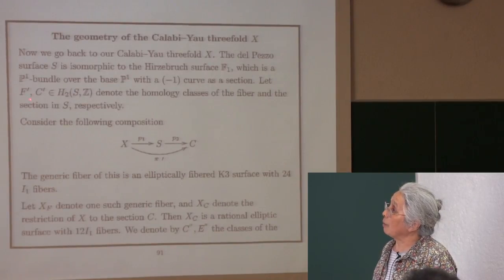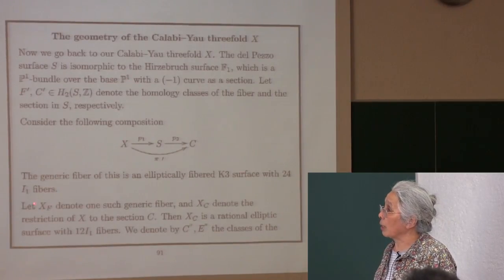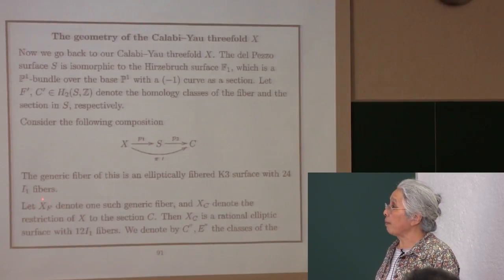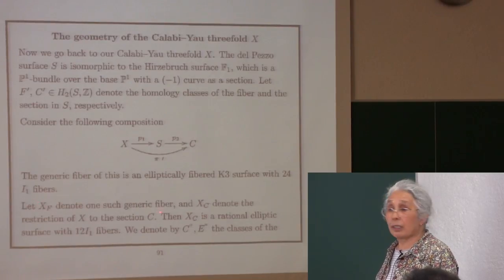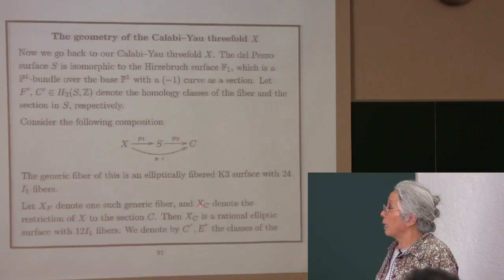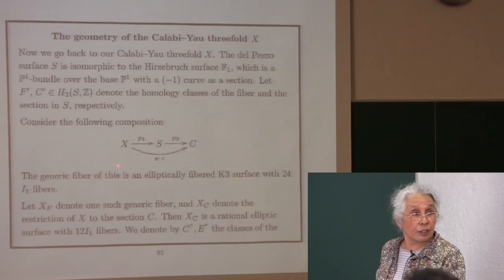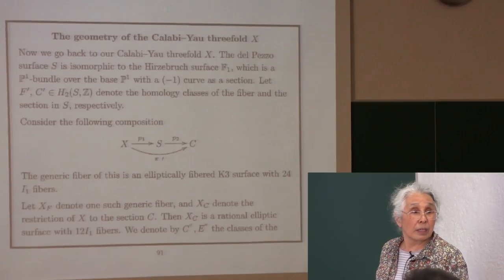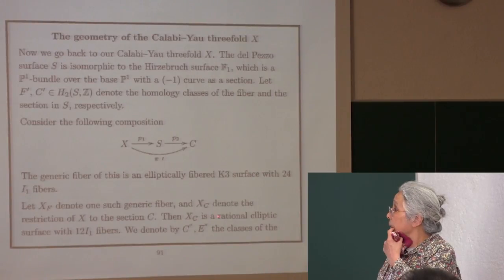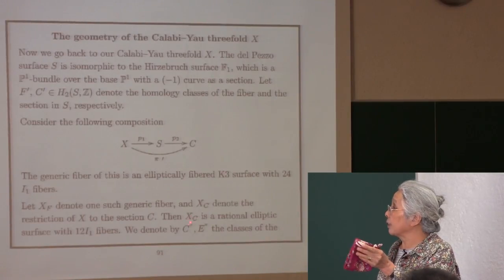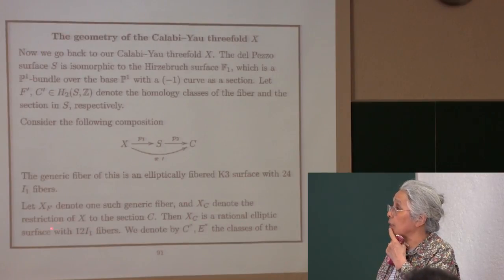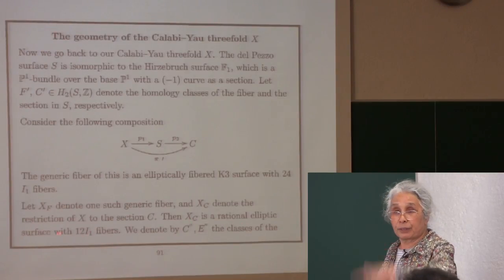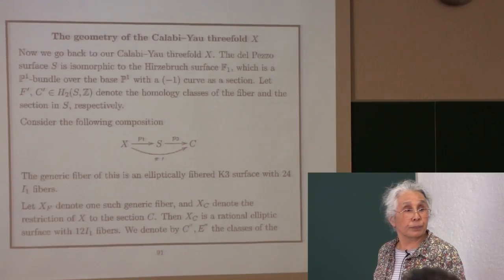Okay, so I fixed fiber and section. Now I write X_F for one of these generic fibers, and X_C will be the restriction of X to the section. If you restrict to the section, this is a rational elliptic surface with 12 I1 fibers, 12 nodes.